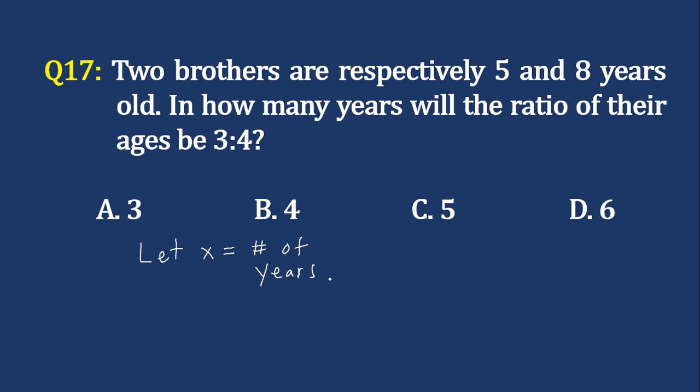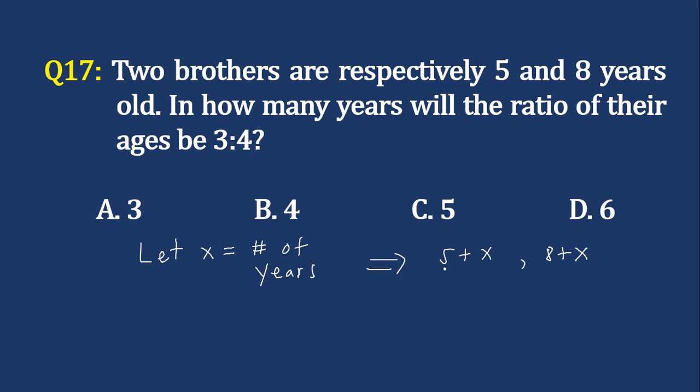So after x years, their ages will be 5 plus x, and the other one is 8 plus x. So by that time, the ratio of their ages will be 3 is to 4.